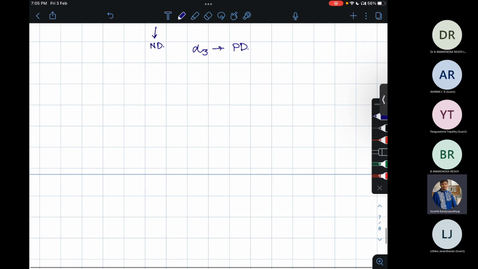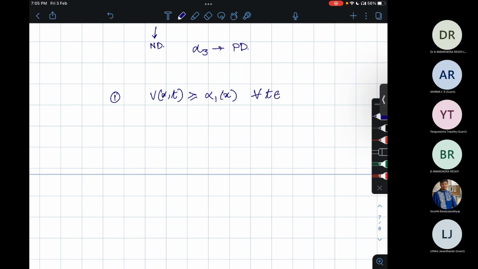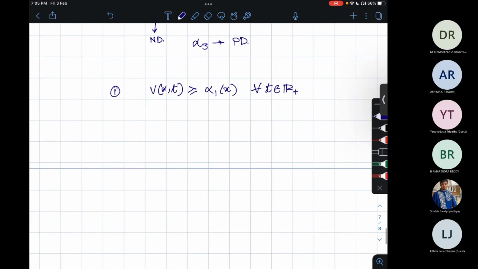So let's see what all conditions have been satisfied. First, V of x comma t was greater than or equal to some alpha 1 of x for all time in real positive, and alpha 1 was positive definite, right?